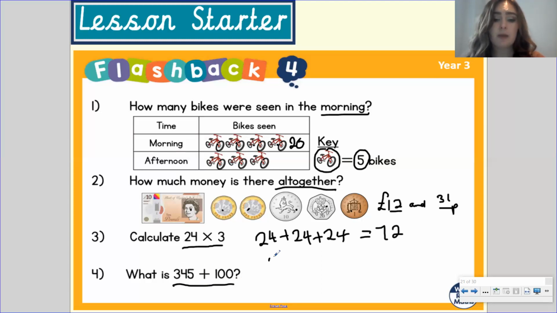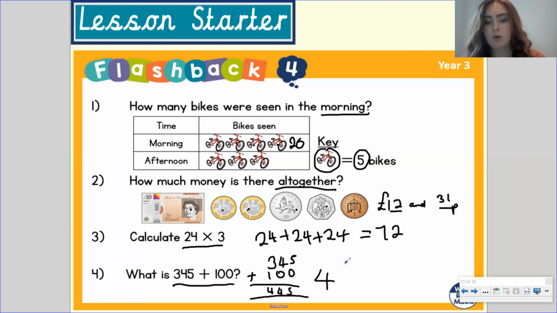So you could use the column method to help you work this out. So 3, 4, 5, add 100. 5 add 0 is 5. 4 add 0 is 4. 3 add 1 is 4. So your answer for this one is 445. Well done for working those out.